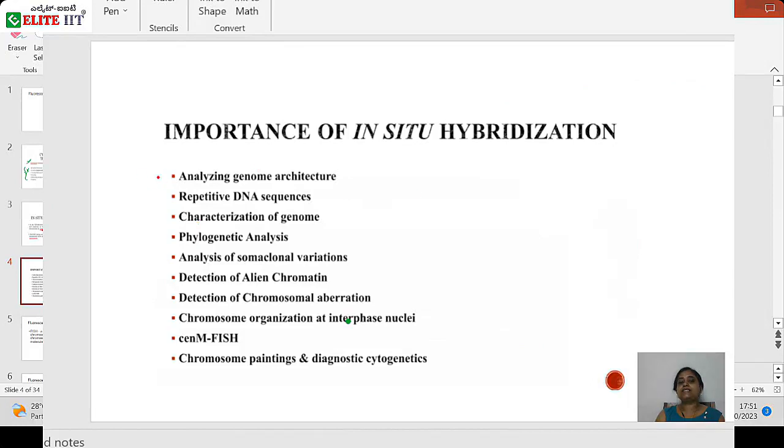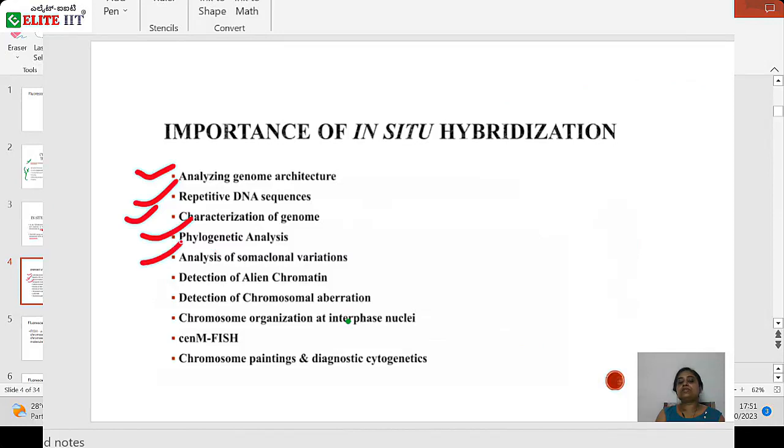Now, what is the importance of in situ hybridization? In situ hybridization techniques are used to analyze genome architecture, and if a repetitive DNA sequence is present, you can identify that. You can characterize the genome. Phylogenetic analysis is also possible. Phylogenetic analysis is the relationship between ancestors; we study whether a relation is present or not.